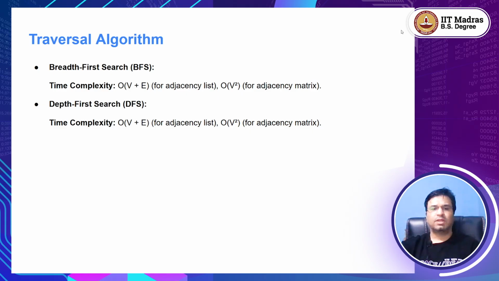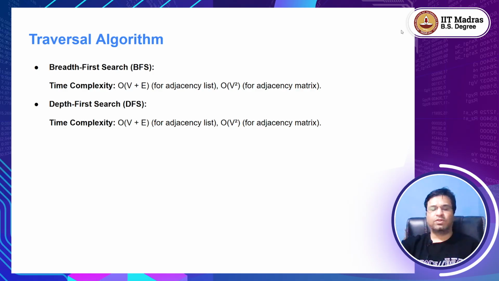Traversal algorithms. Here the idea is to systematically visit every node and edge in the graph, essential for exploring a graph structure. We use the following algorithms: breadth first search, BFS, which explores level by level, visiting all direct neighbors of a node before moving to their neighbors.